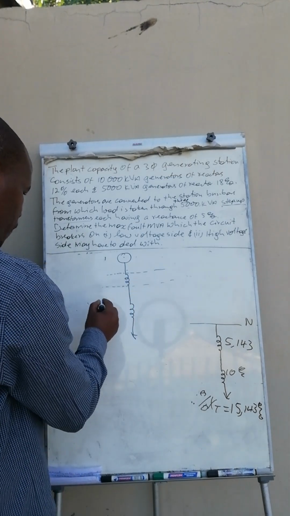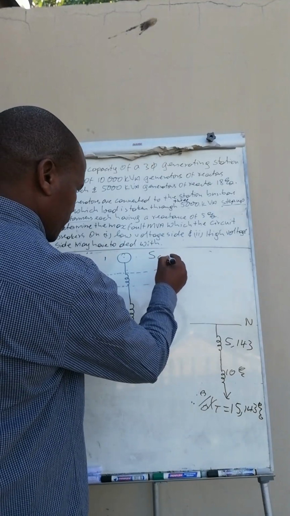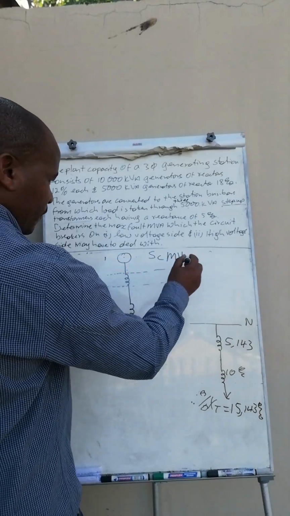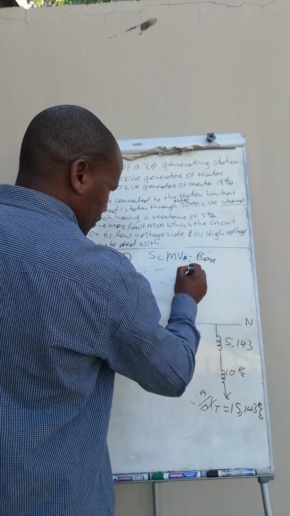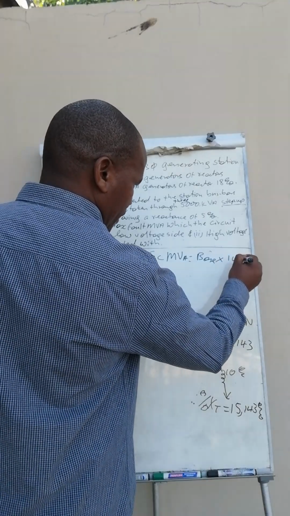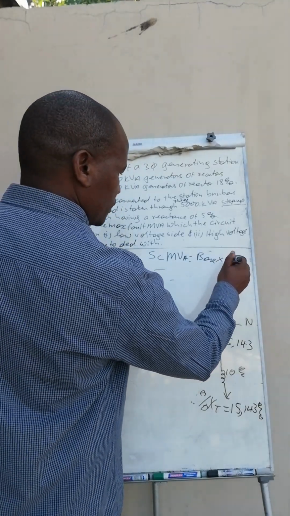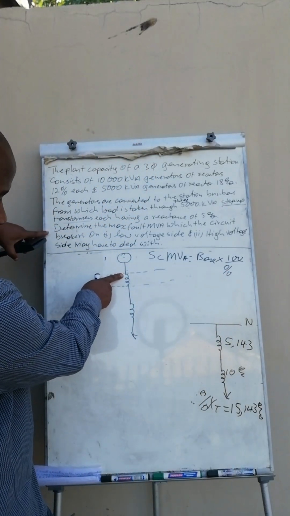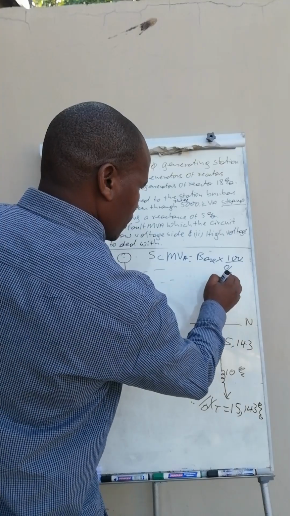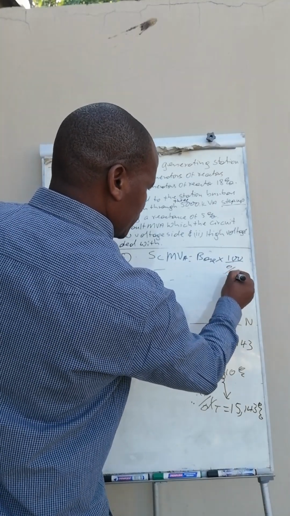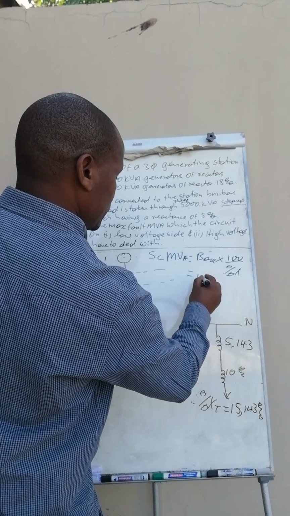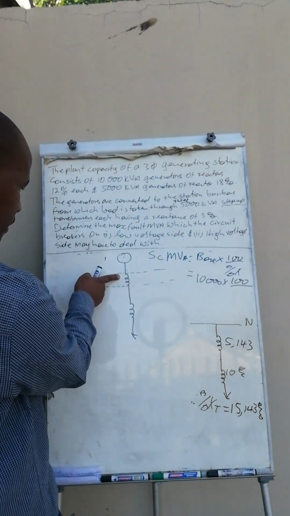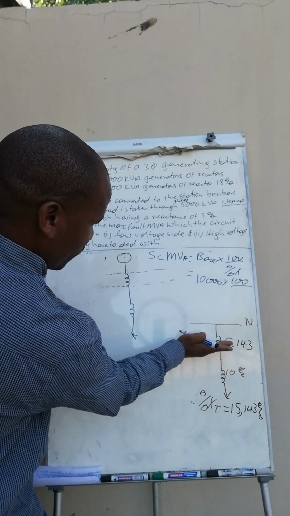So here we've got the short circuit MVA. On the low voltage side, short circuit MVA is equal to the base of 10 divided by percentage X. Here, for the low voltage side, up to that point is 5.143, and it is 10,000 multiplied by 100 over this one.